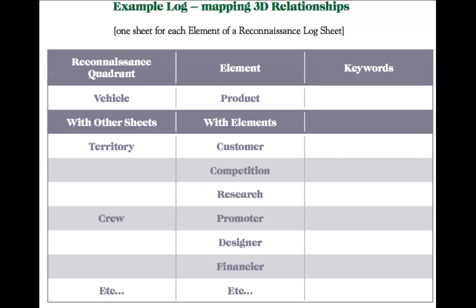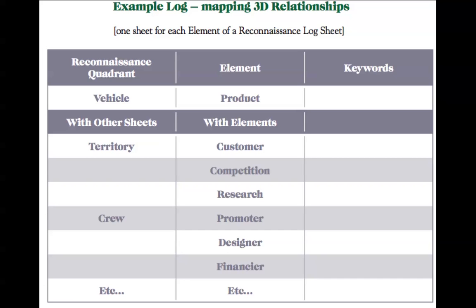And those headlines, or those keywords, could be those that arose when I was completing the reconnaissance logs. So I simply go back to my reconnaissance logs and write in a few keywords from the stuff that I entered there. Or I can think of fresh ones that spring to mind that better describe these 3D relationships that I've spotted between the quadrants.